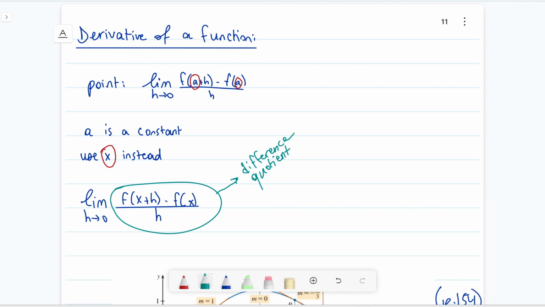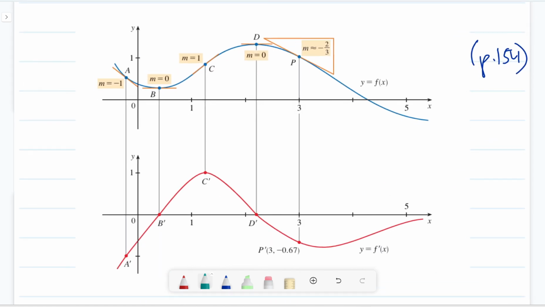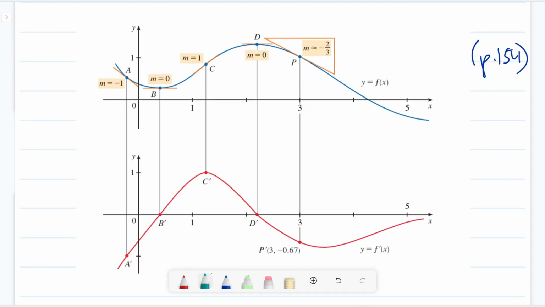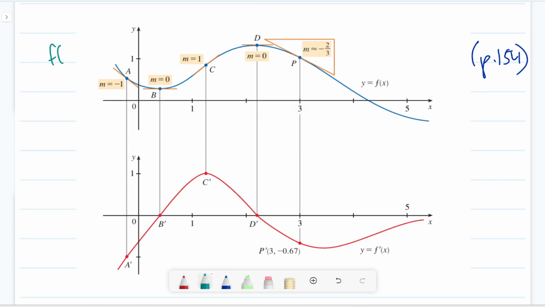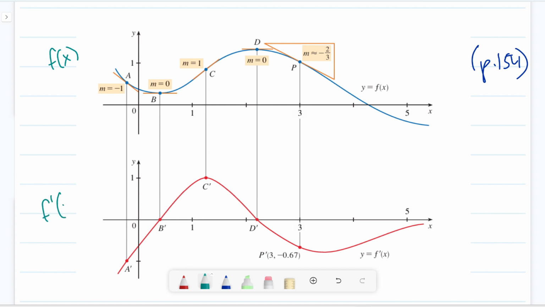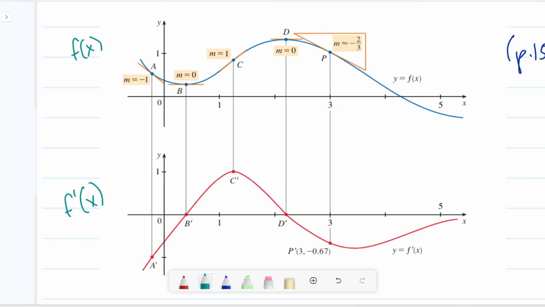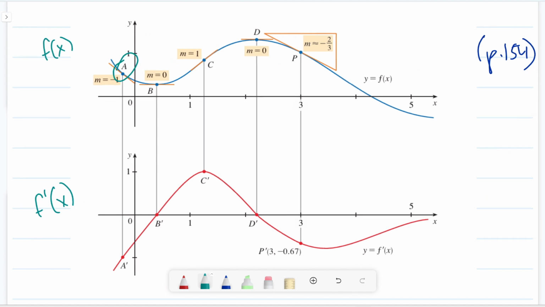So let's look at a few graphs and a few examples. So let's look at these two graphs. The first graph up here is the graph of f of x, and the second graph is the graph of the derivative of f of x. So as you might notice, let's look at point A here. The tangent at point A, its slope is negative.